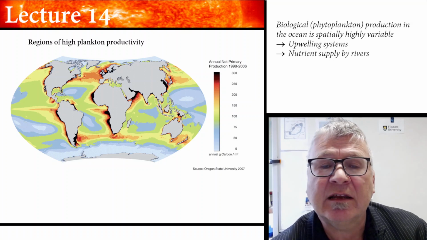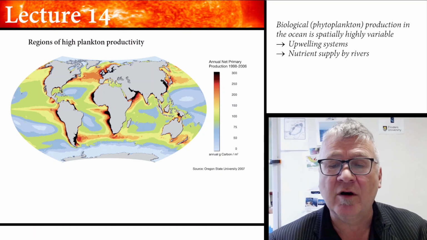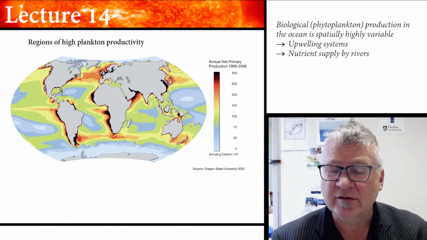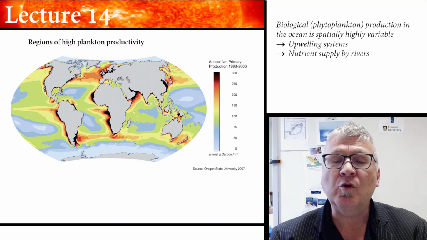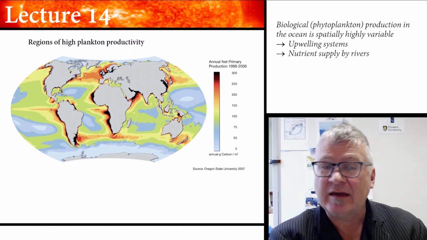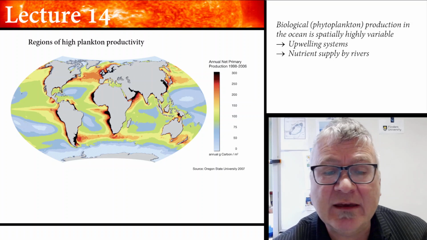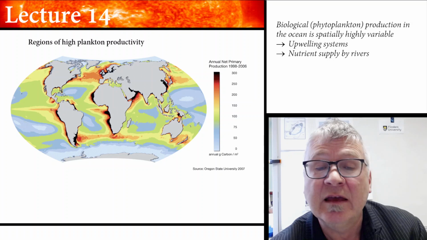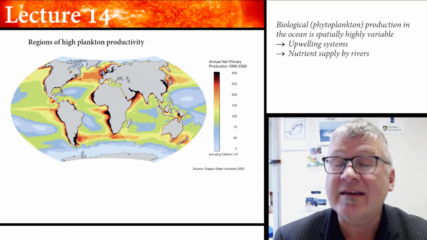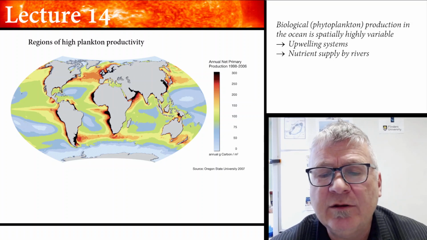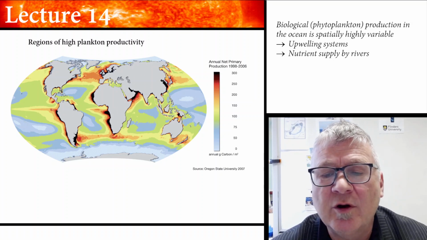It's based on satellite data and estimates of how much carbon is converted from so-called inorganic carbon, dissolved carbon that comes from the atmosphere or is somehow recycled, into organic carbon. And what's the unit here? It's annual grams of carbon per square meter.